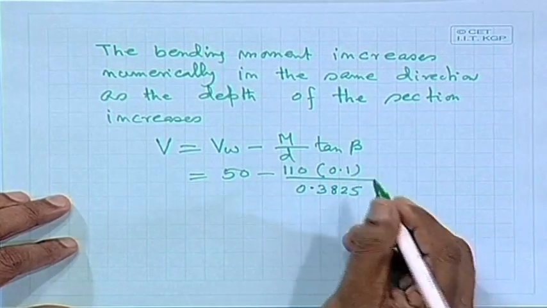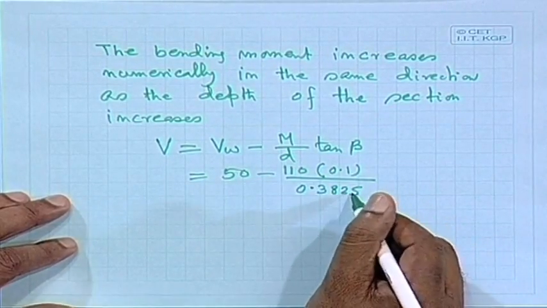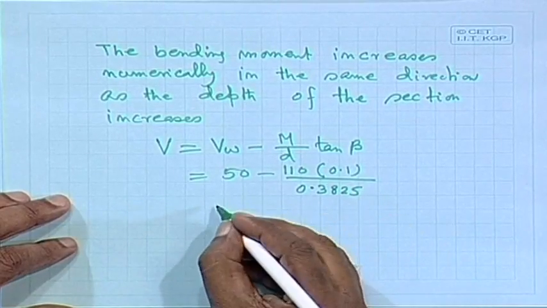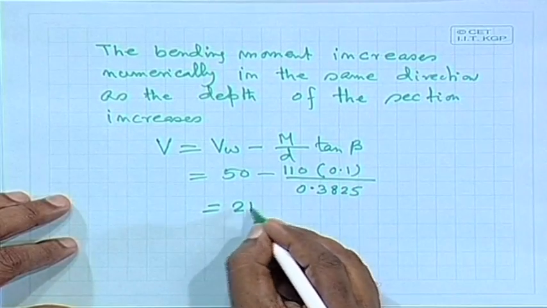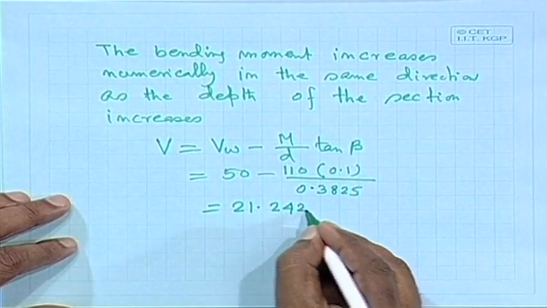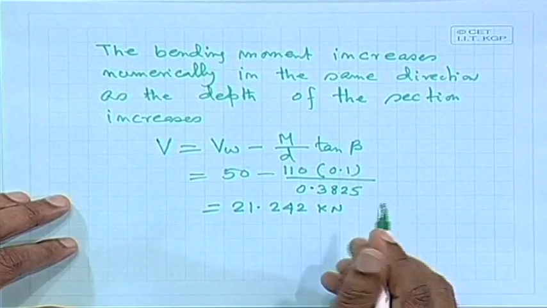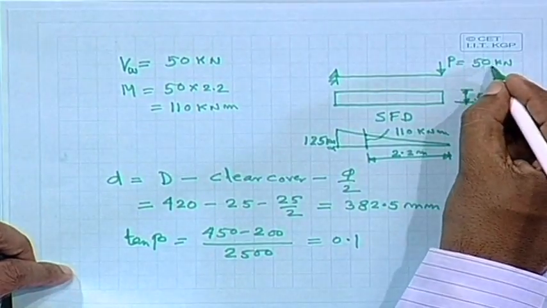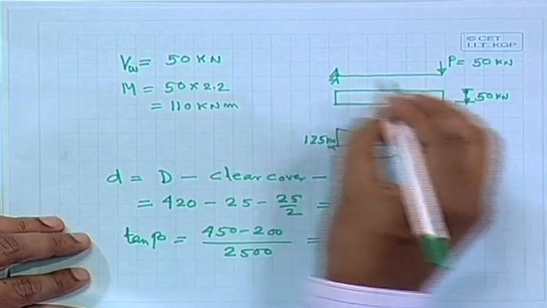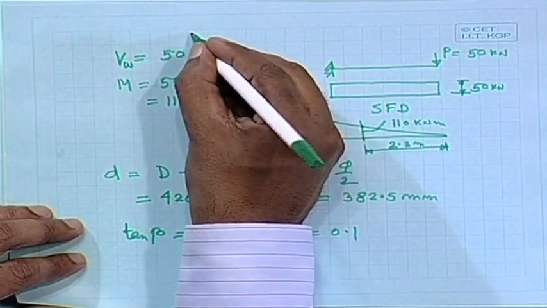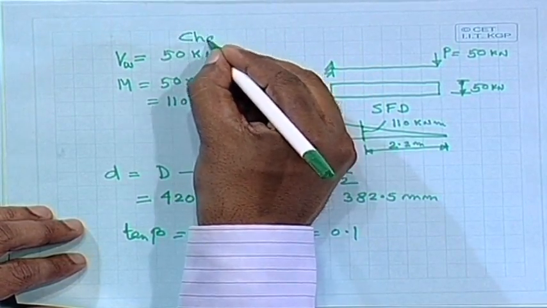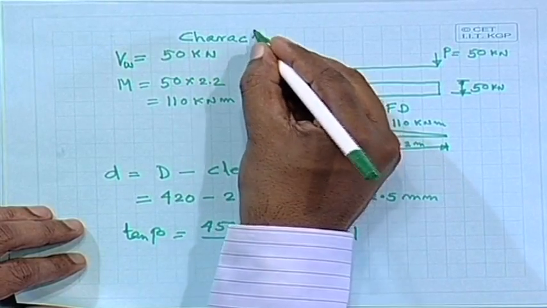This is the d, which we are converting into meter, and it comes as 21.242 kilonewton. In this case, we have applied the load P, 50 kilonewton, which we can say is the characteristic load.